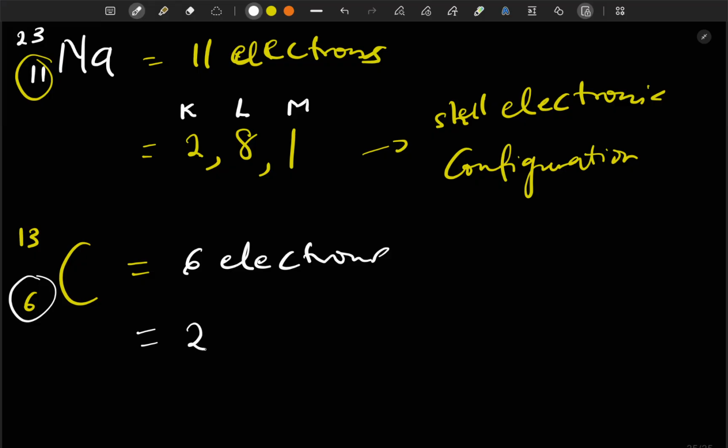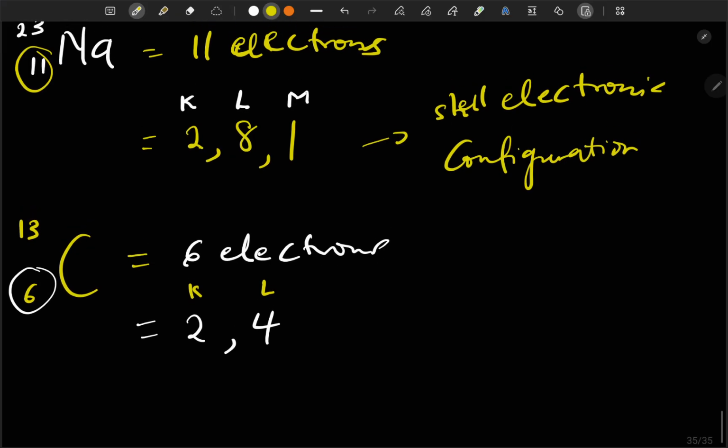So we put 2, comma, in the first shell. Out of 6, we put 2 in the first shell, we are left with 4, which means the remaining 4 goes to the L shell. So the electronic configuration for carbon is 2, 4, where 2 electrons are in the K shell, while 4 electrons are in the L shell.